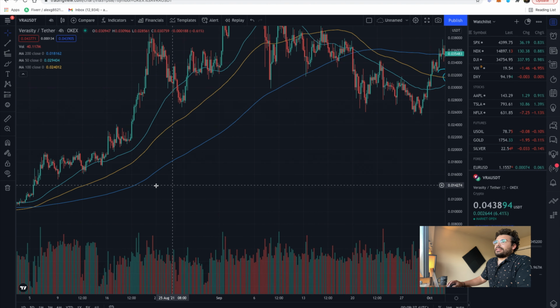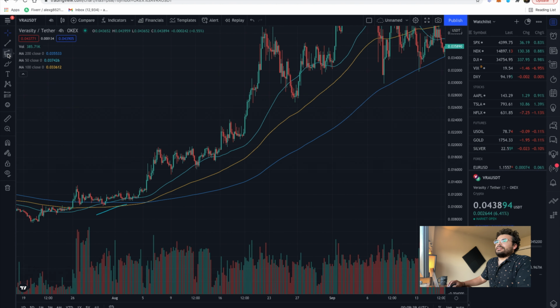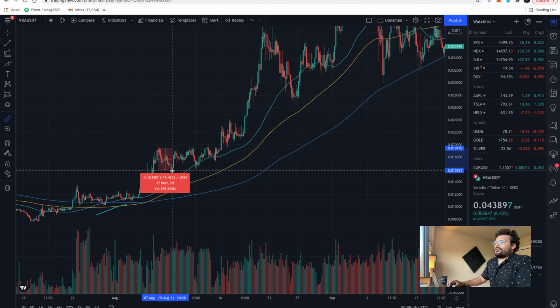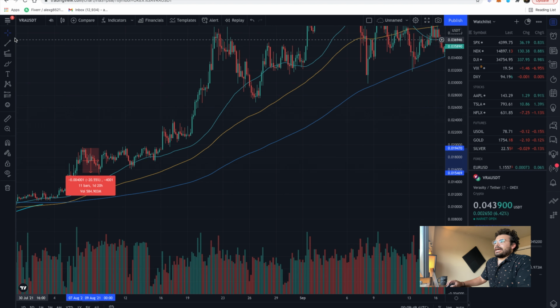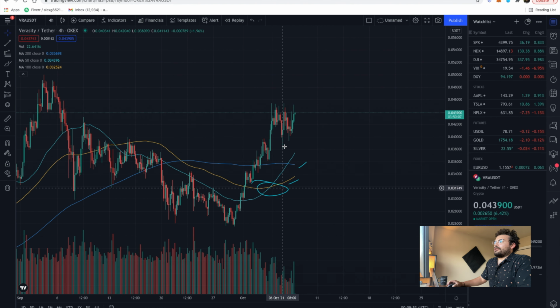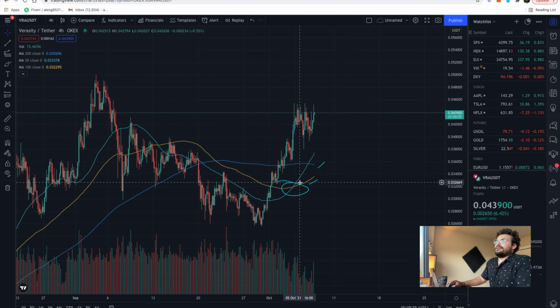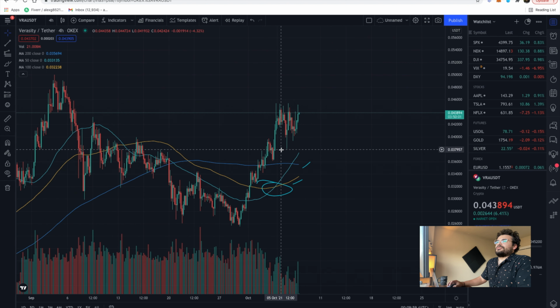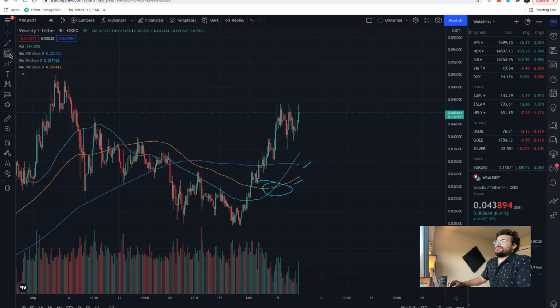And then let's see what we saw in terms of a movement back down from that peak. We saw about a 20% drop. So it wouldn't be out of the question to see VRA pop a little bit more and check a higher resistance point, then come back down to this resistance. Let's look at a little bit more detail there.